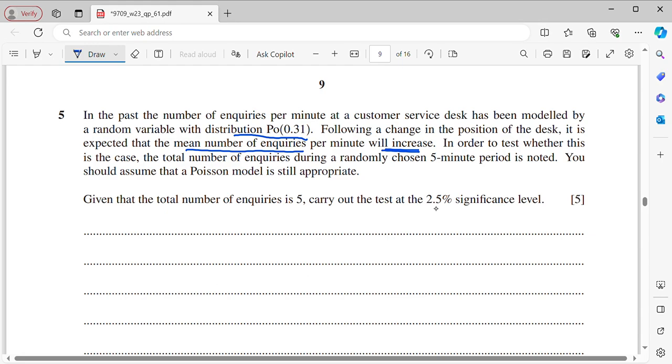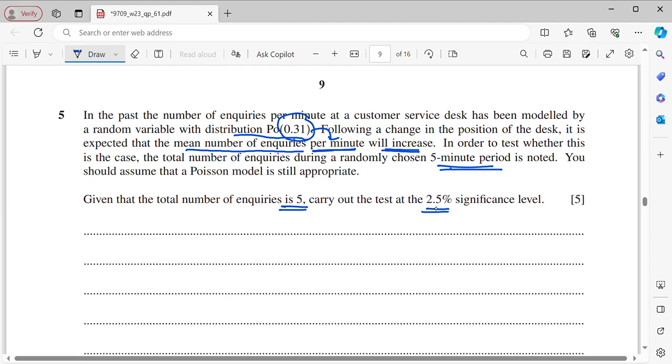Now, in order to test whether this is the case, the total number of enquiries during a randomly chosen 5-minute period is noted. Okay, this is per minute, right? This 0.31 is per minute. Now you consider 5 minutes. You should assume a Poisson model is still appropriate. Now, given that the total number of enquiries is 5, carry out a test at the 2.5% significance level.